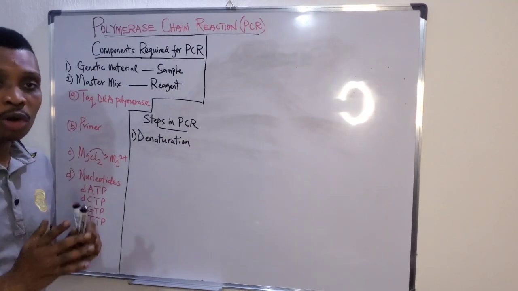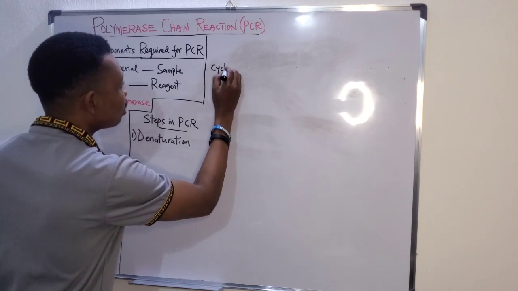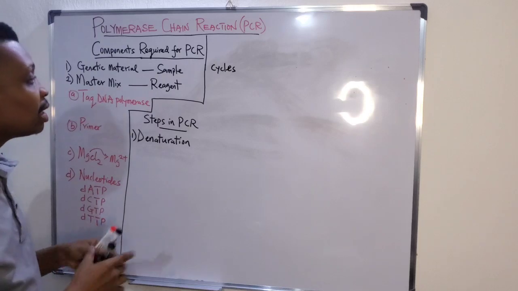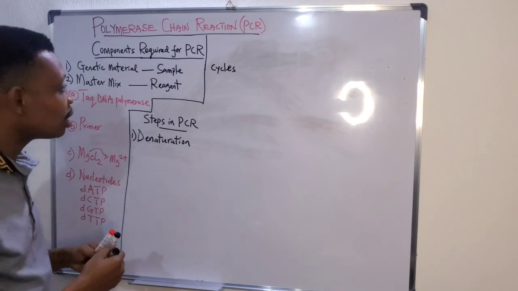Polymerase chain reaction occurs in cycles. Okay? It occurs in cycles, and it takes place in an instrument called the thermocycler.